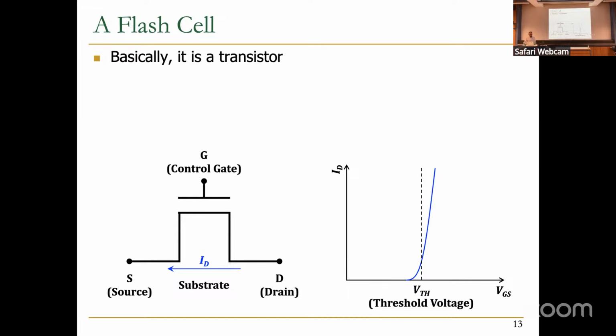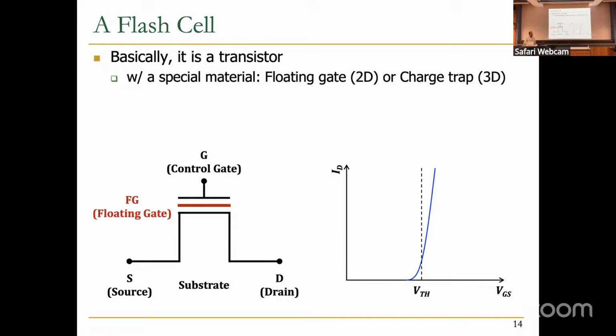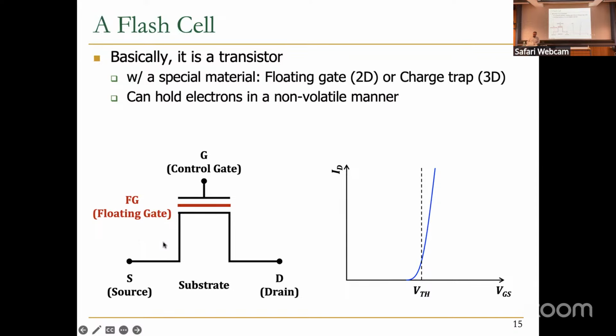That gate-source voltage should be higher than a specified threshold voltage. So in a flash cell, we have this floating gate between the gate and the substrate, and this floating gate can be used to modify the threshold voltage of that transistor.